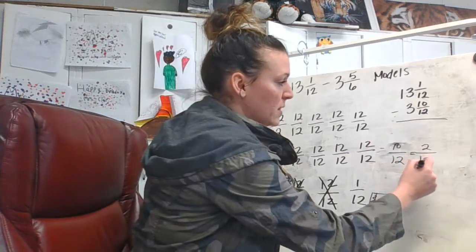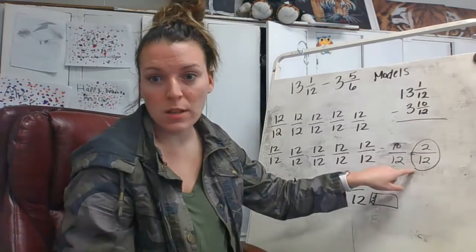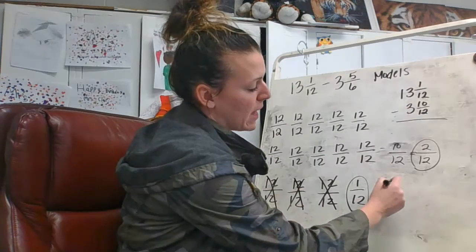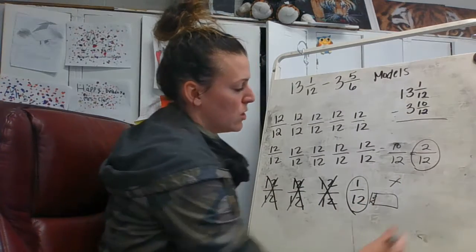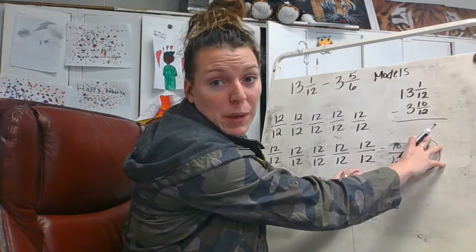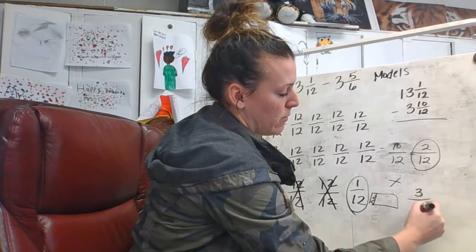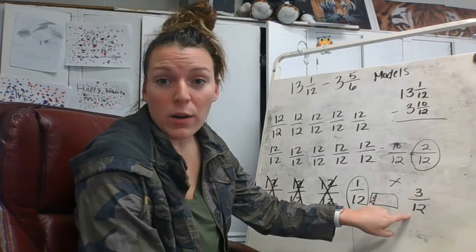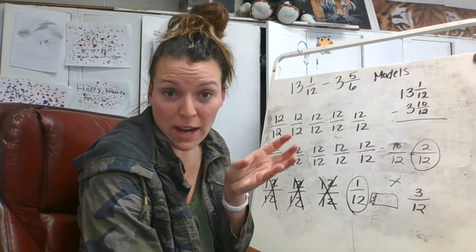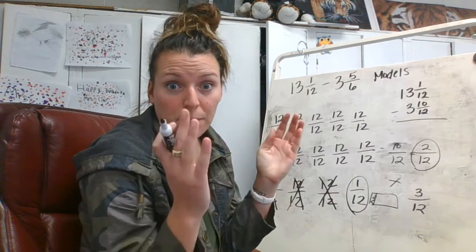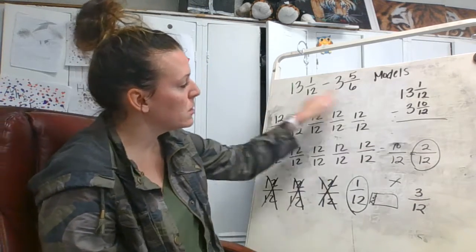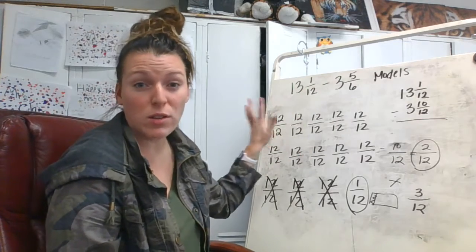Now, this pan has 2/12, but I still have this one piece left over in this pan. So what I've got to do is add those up together. So in both of these pans, we've got 3 pieces left, right? I've got 3/12 left of those parts of a whole, but then I still have all these pans left over of these whole pans.